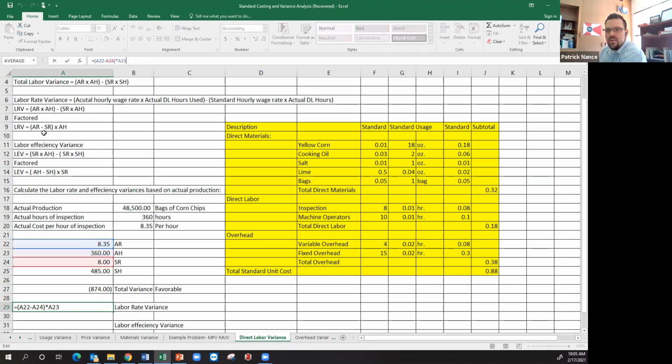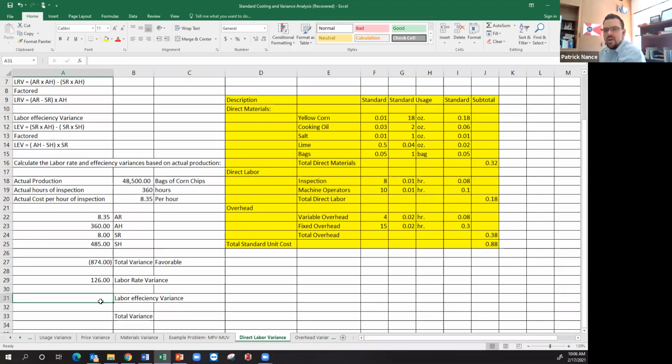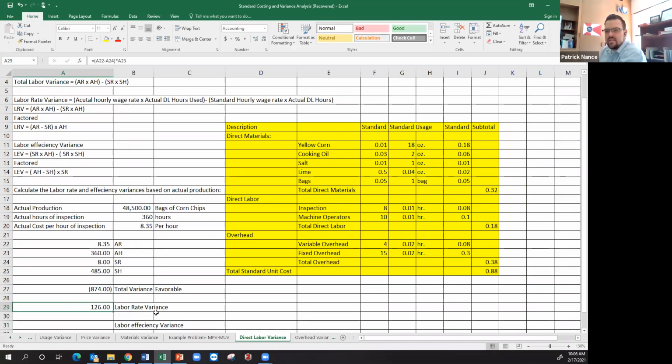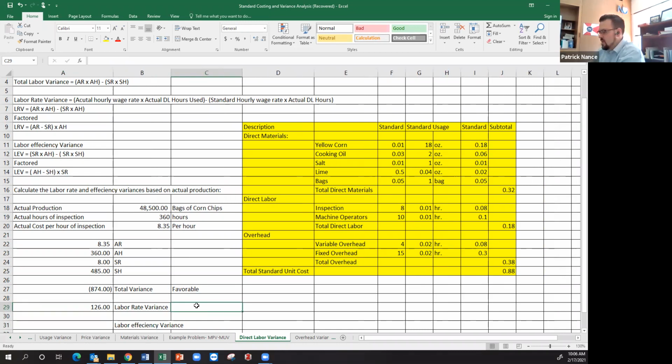Okay, so my labor rate variance is $126. This is unfavorable, by the way, it's a positive number. I spent more than what I would have anticipated based on the volume that I made.